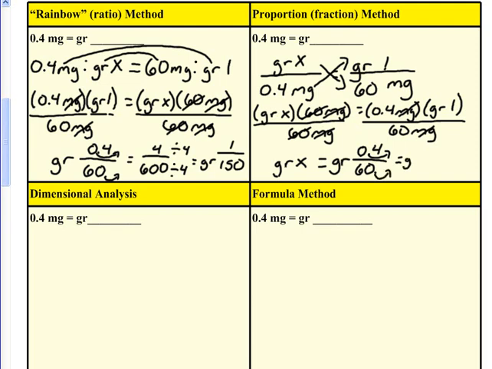This creates a new fraction of 4 over 600. We then can reduce this fraction by dividing by 4 on both the top and the bottom of the fraction. And this shows us that 0.4 milligrams is equivalent to grain 1/150th.